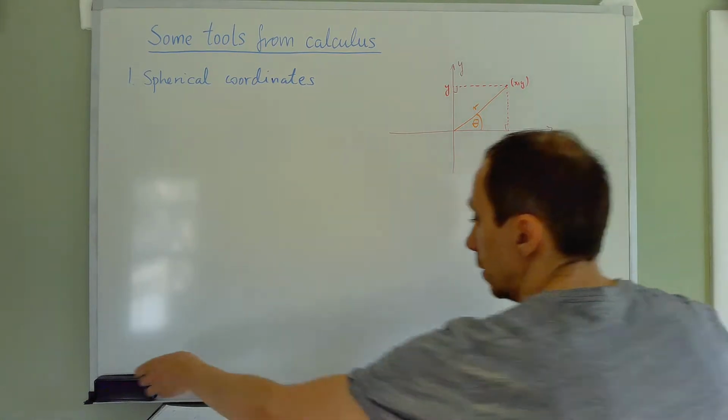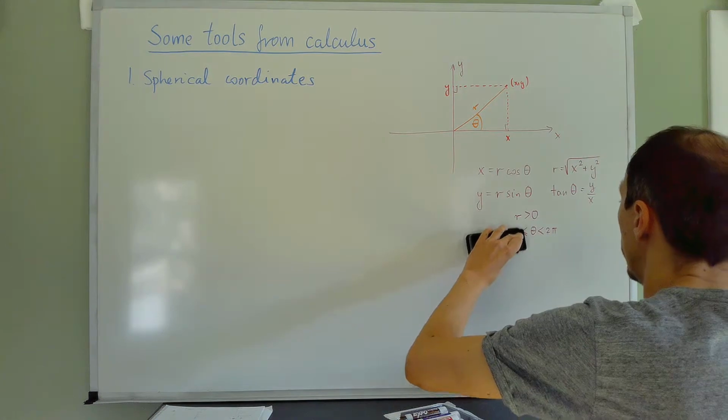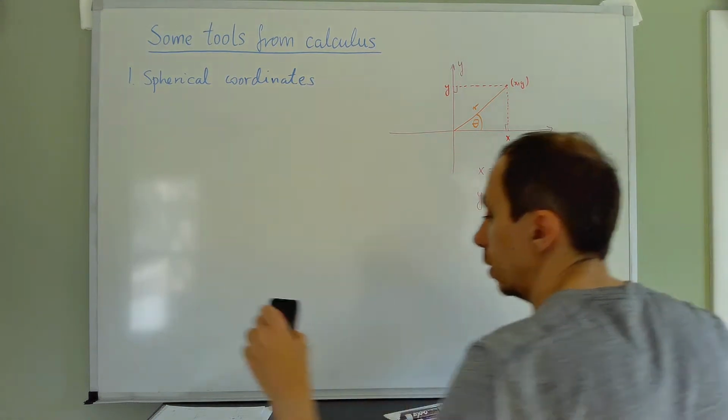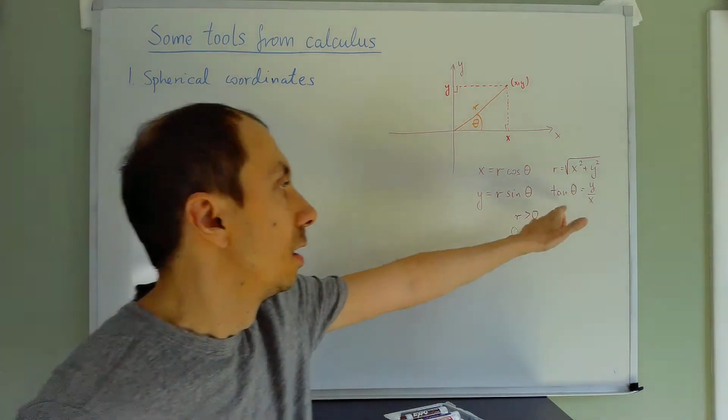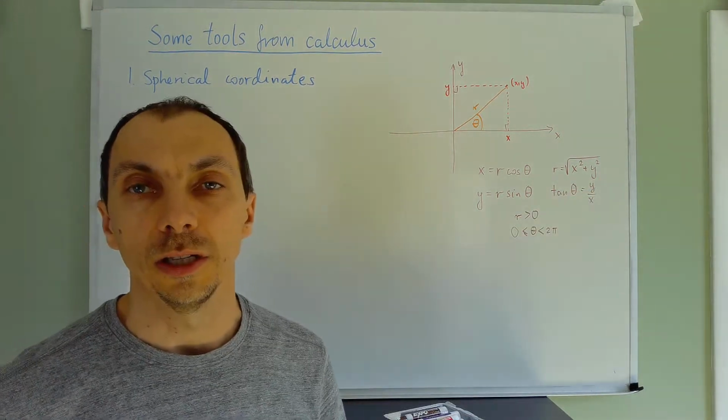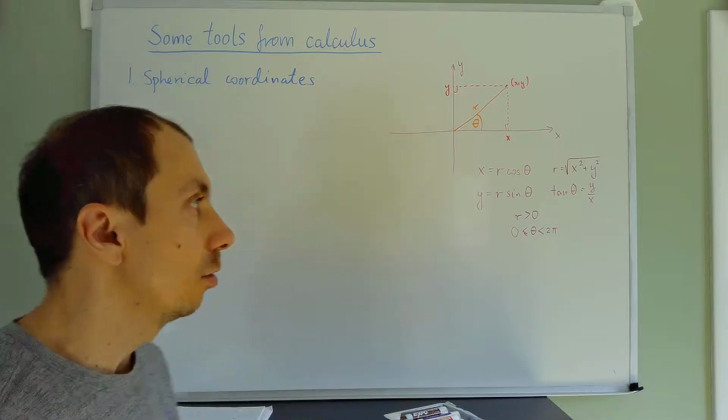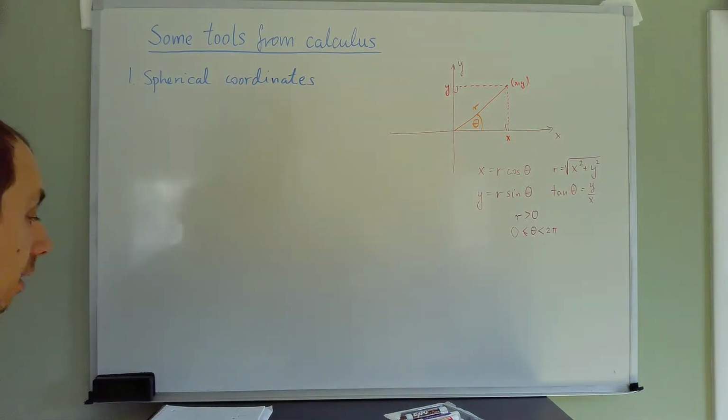This allows you to compute the tangent of the angle, and then you can figure out the angle by knowing where the point exactly is on the plane.